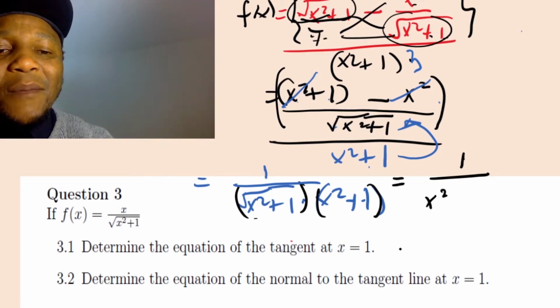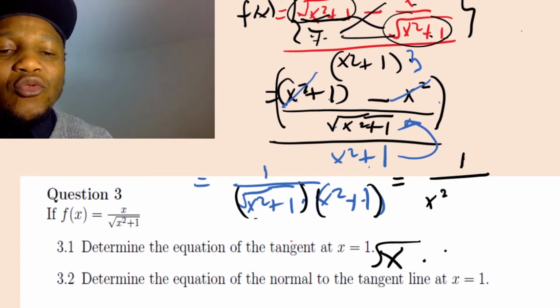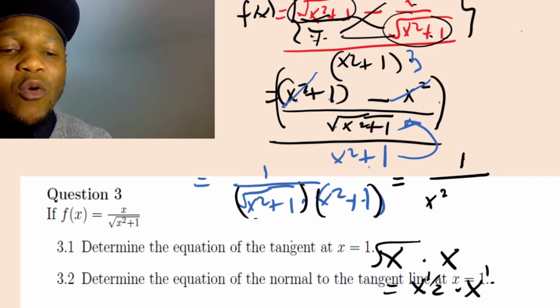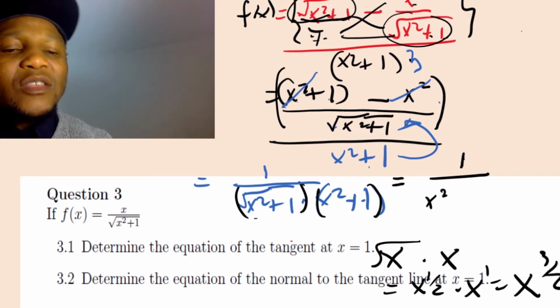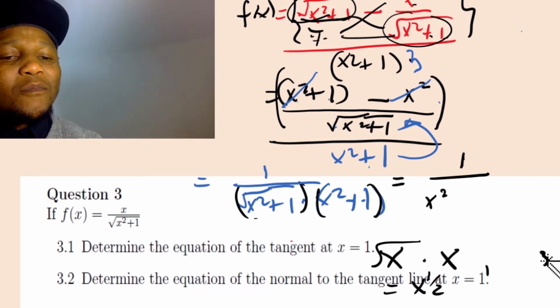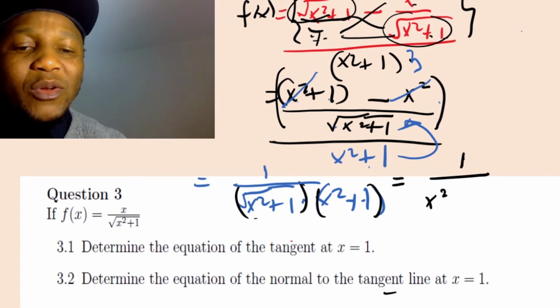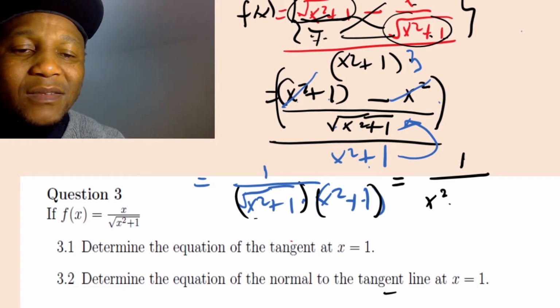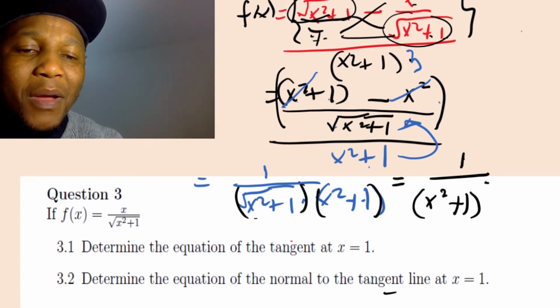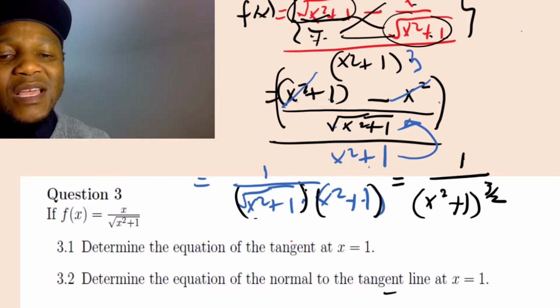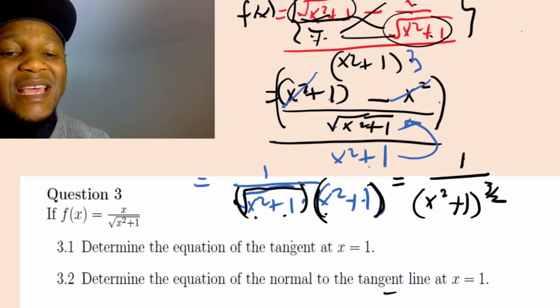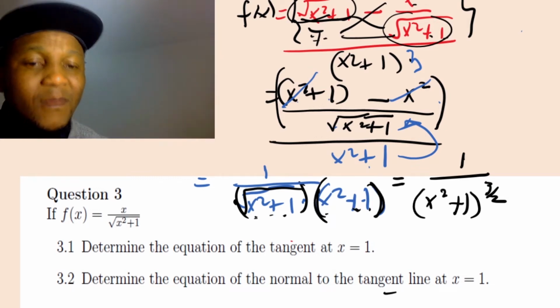So this is the same as 1 over, but look, when you have x squared plus 1, it's like somebody gives you the root of x times x. What does that mean? This is like x power half times x power 1, which gives x power 3 over 2, because the bases are the same, from the exponential rule. So now this half here is going to become x squared plus 1 power 3 over 2, because there's a square root of x times x, they are the same thing. See?